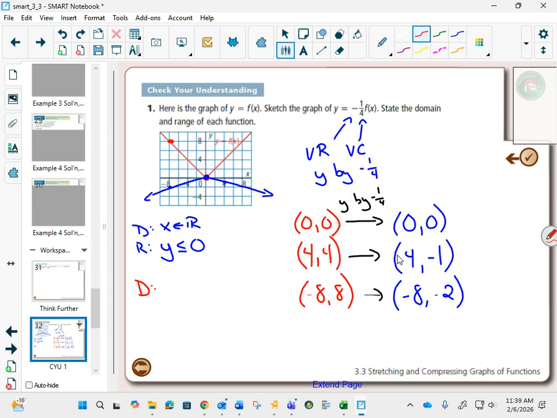The other one, domain is everything, so you could also write domain as everything like that. And the range is that the y values are bigger than or equal to 0. In interval notation, we'd say start at 0, include 0, and go all the way to infinity. So I'm going to switch back and forth between domain and range notations so hopefully you get used to both of them that way.